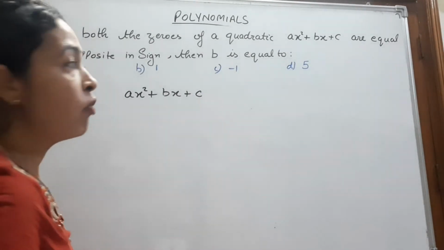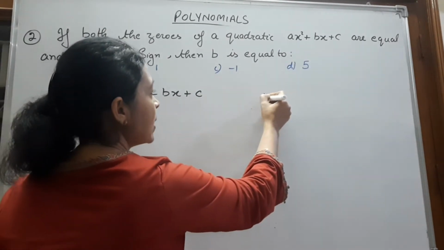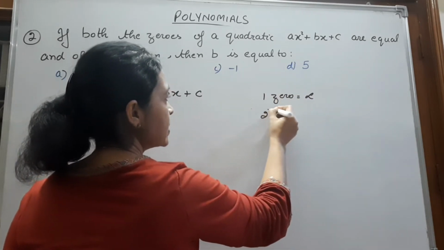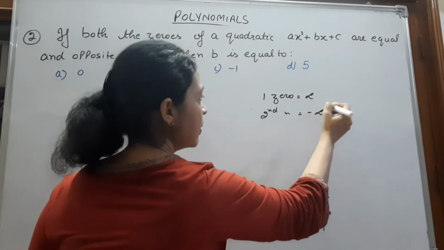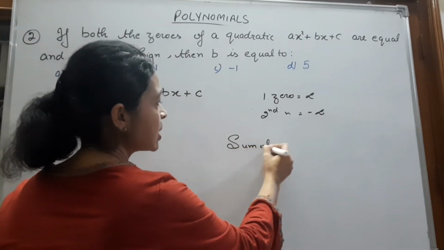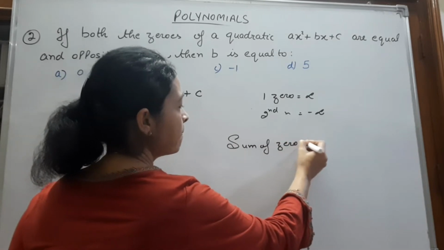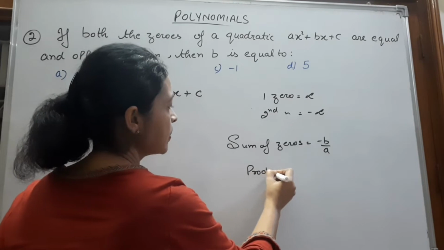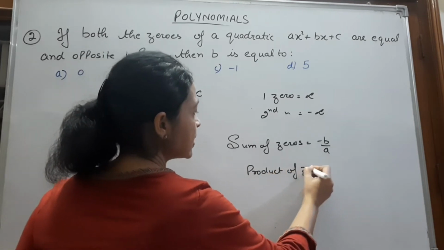Then find the value of b. Say one zero is alpha and the second one is minus alpha. We know in a quadratic polynomial sum of zeros is equal to minus b upon a, and product of zeros is c upon a.